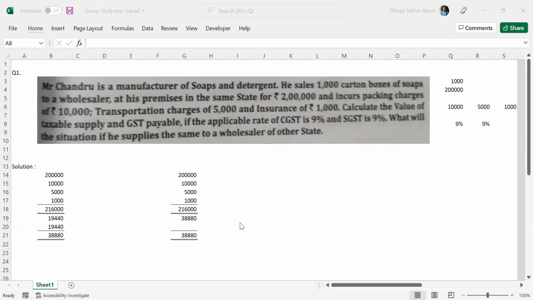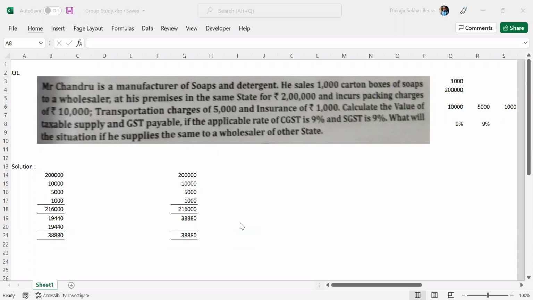Coming back to the question, when the values of these kinds of services are provided separately, the transaction price is 2 lakhs, then we have packing charges, transport charges, insurance, everything will be added for GST purpose. So we calculate the value of the supply.